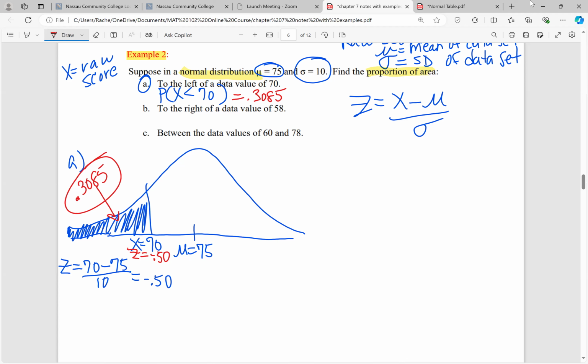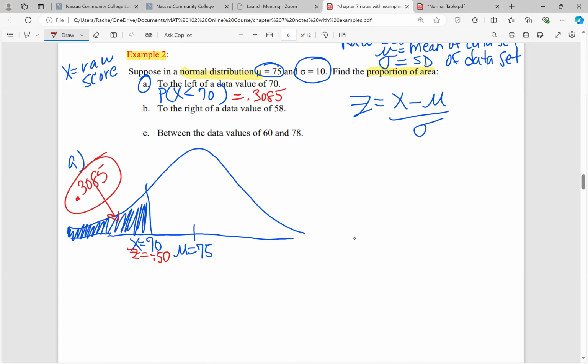Now, the other way I could do this is using the calculator, and we're going to get the same answer. So now let me show you how to do this using the calculator. We need lower, upper, mean, standard deviation, anytime you want to use the calculator. So let me erase my z-score work.